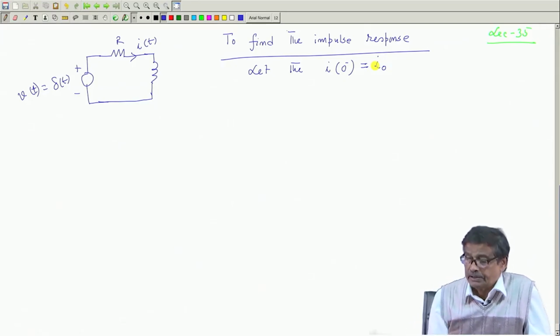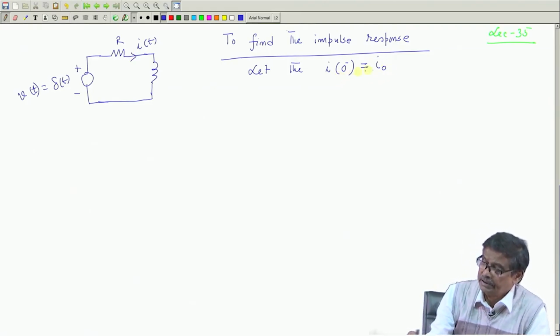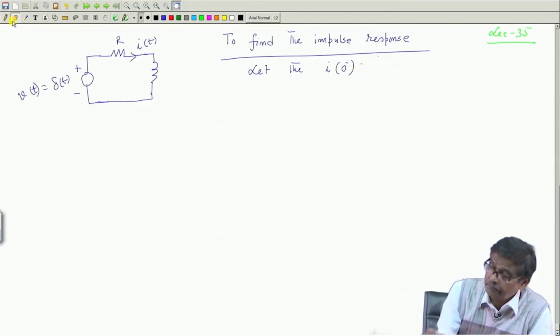But let us see what happens here. Let I0 minus be the initial current.